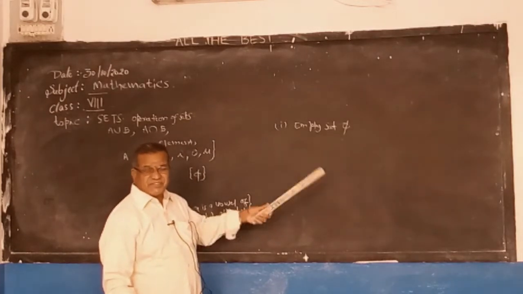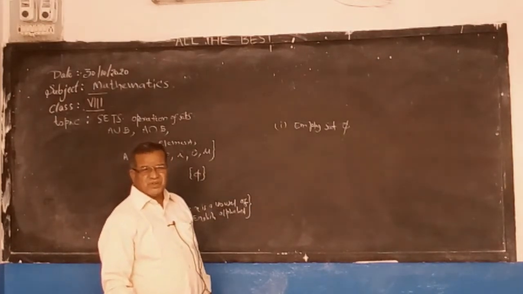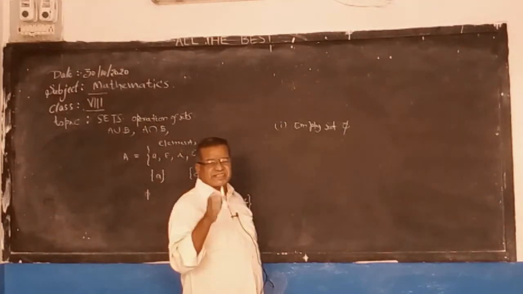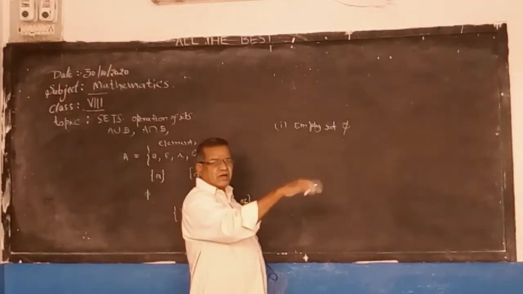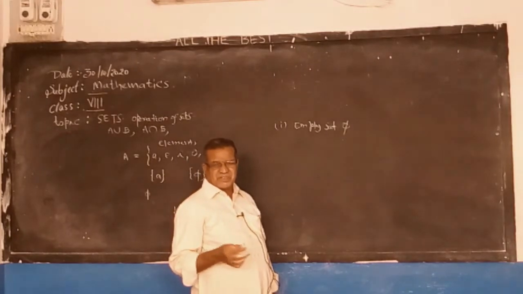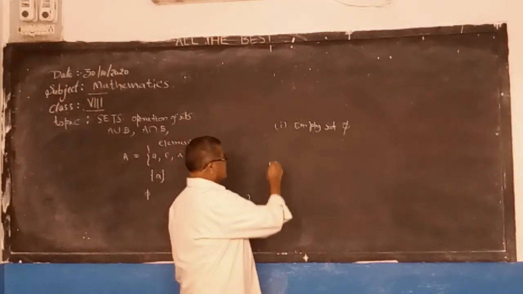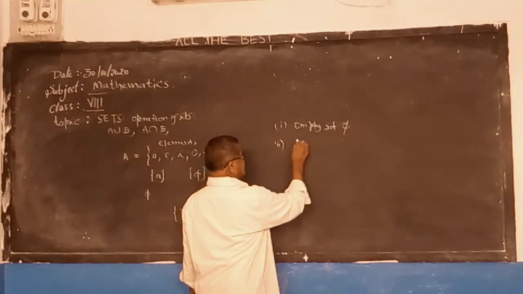Odd numbers in even numbers: we won't get an odd number in even numbers, and we won't get an even number in odd numbers. Like that. So that is an empty set. Second one, singleton set.